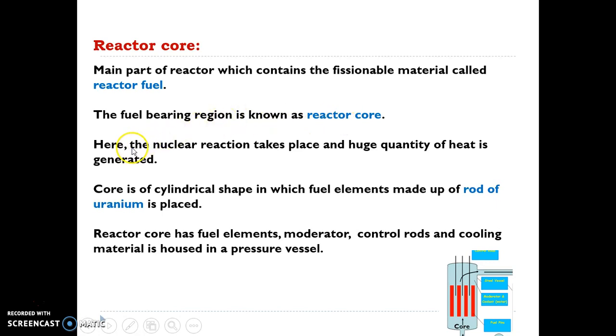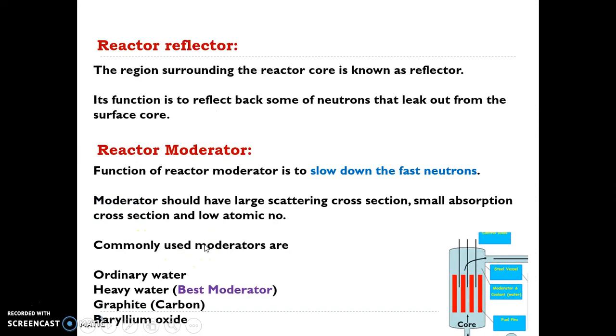Here the nuclear reaction takes place and a huge quantity of heat is generated. The core is of cylindrical shape in which fuel elements made up of rods of uranium are placed. The reactor core has fuel elements, moderator, control rods and cooling material housed in a pressure vessel.